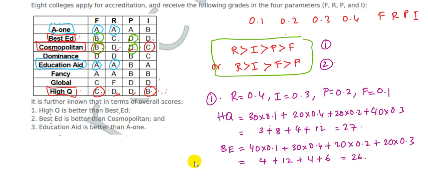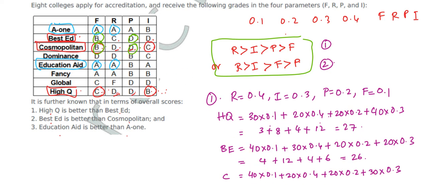Now B is greater than cosmopolitan. So cosmopolitan will be B in F, that means 40 into 0.1, plus D in R, 20 into 0.4, plus D in P, 20 into 0.2, plus C in I, 30 into 0.3.